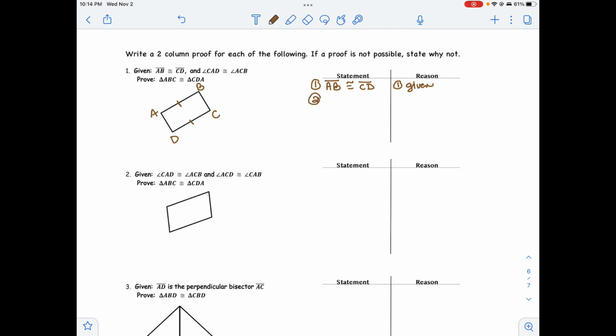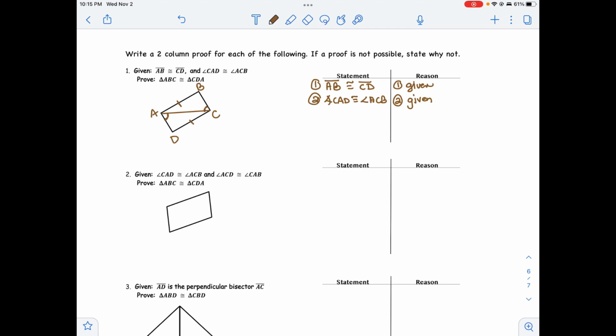And 2, angle CAD, which means we have to have a diagonal between there to get angle CAD. So we'll go ahead and put that there. So CAD, this angle right here, is congruent to angle ACB, and they are given.